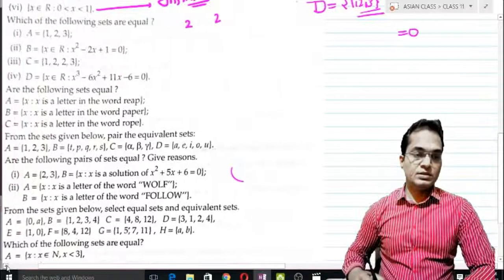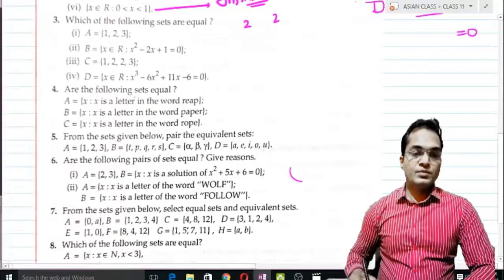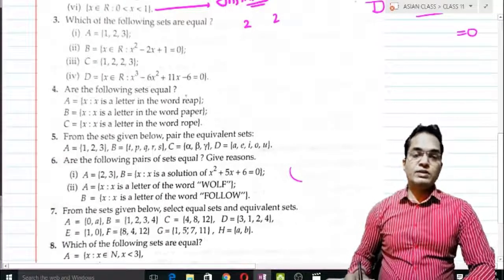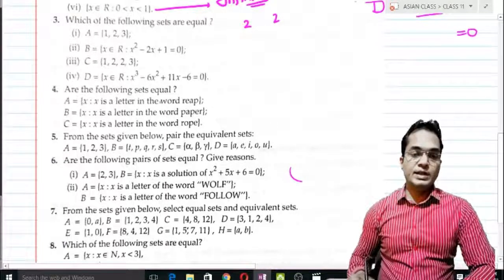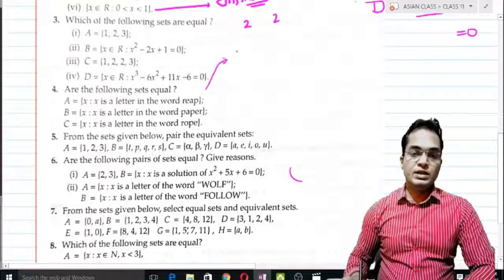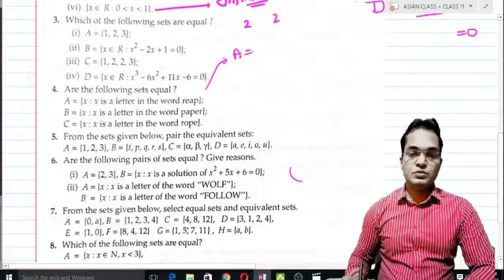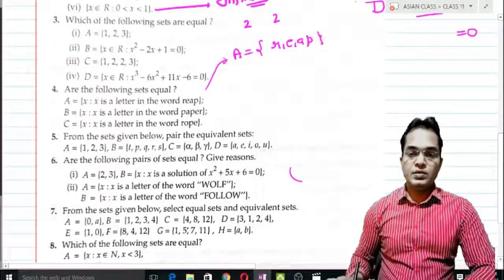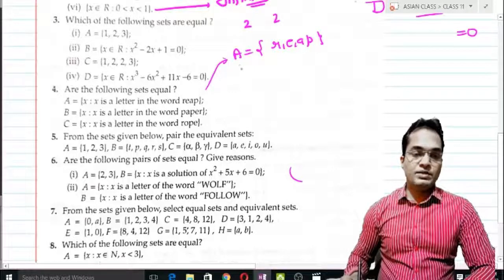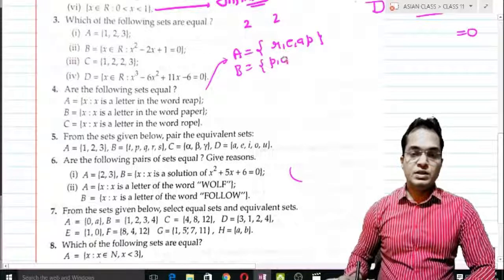Which of the following are equal sets? Sets are given. X is a letter in the word reap. Then A is equal to REAP. Okay. And set B equals the letters of paper, which is PAER.